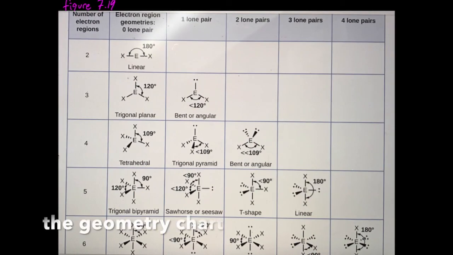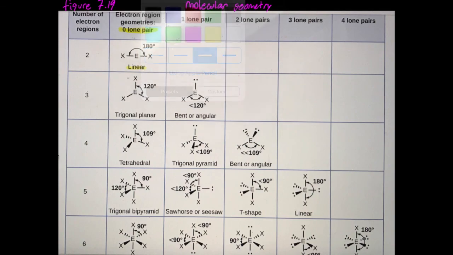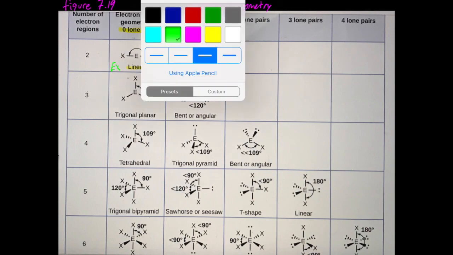In figure 7.19 in your OpenStax chemistry textbook, it gives you now a more complete picture of the molecular geometries. So here we're talking still about molecular geometry. Now, we've talked already about what these molecules look like when they have 0 lone pairs. They have simple names. If you have two things attached, it's called linear, and we called that having a basic designation of EX2.